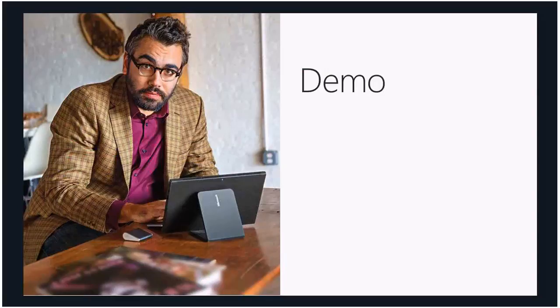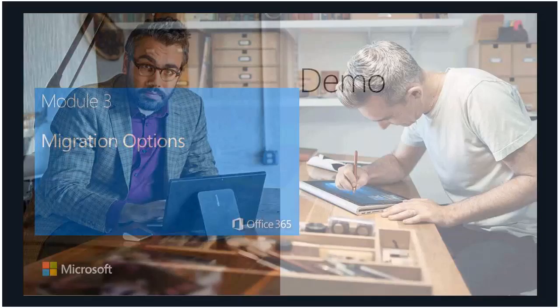Your customer probably still has on-premise file share folders or file services, and they want a way to migrate their files, or their on-premise SharePoint, into Office 365. So we will give you some very high-level information about the migration options for our customers.